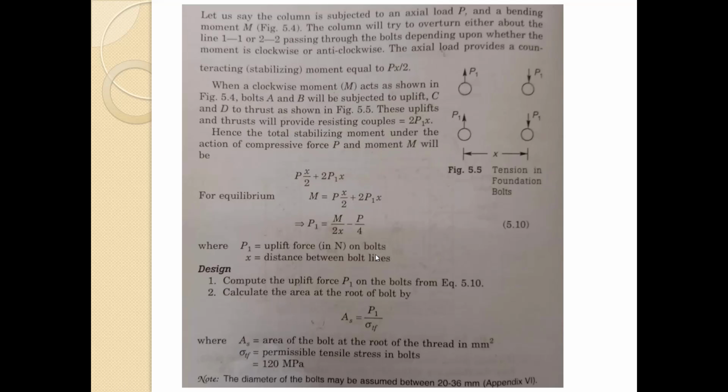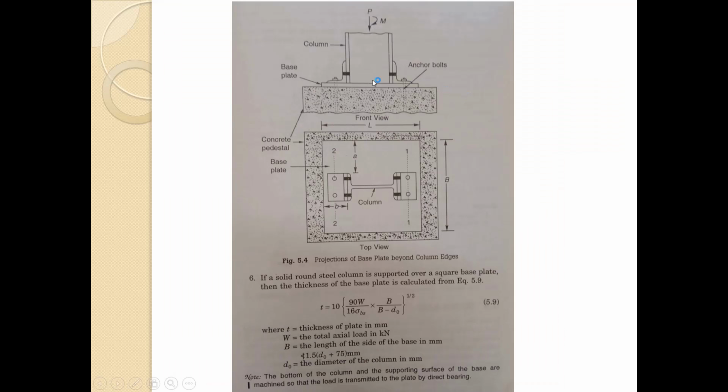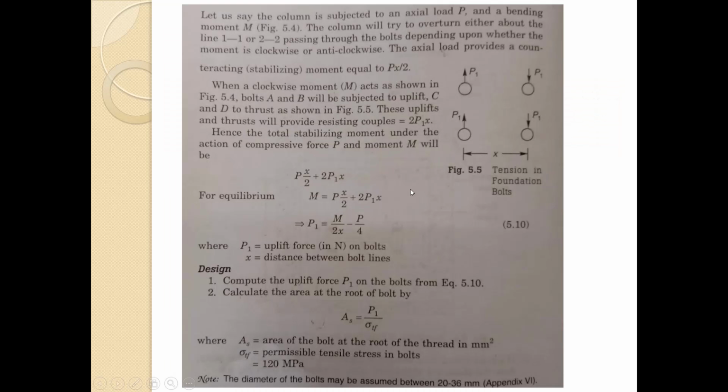Consider the bolts over here: these are A and B and these are C and D. Further magnifying, we see that bolts A and B are subjected to uplift, and C and D are for the thrust.